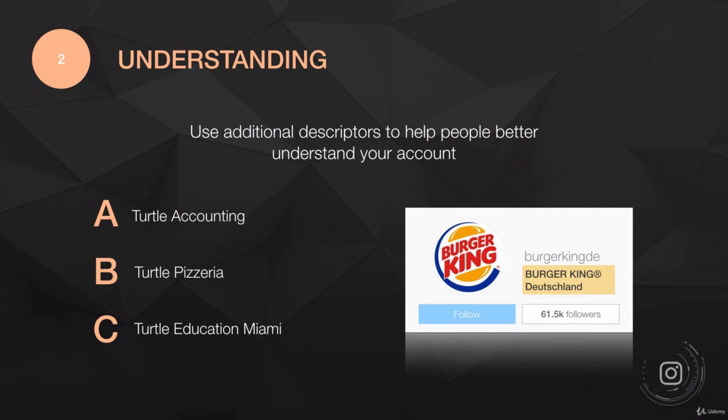So you can see here in this example, there's Burger King DE is the username. So it's a German Burger King, and they've used DE for Deutschland as their username because obviously Burger King is used in the US or their main brand, and their name is not Burger King, but it's Burger King Deutschland, which helps segregate and specify that people in Germany, they don't really want to be following Burger King US because it doesn't really pertain to them, but Burger King Deutschland means that it's going to be in German and it's going to be relevant to their area.